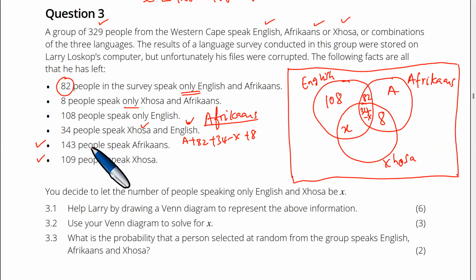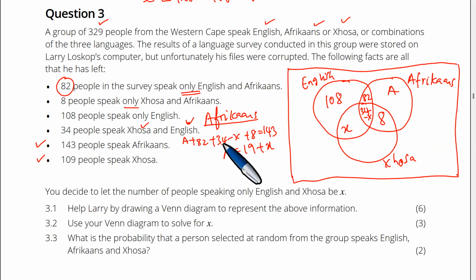And realize that those are 143 people who speak Afrikaans. All right, so if you add all these here, you have 19 plus x.